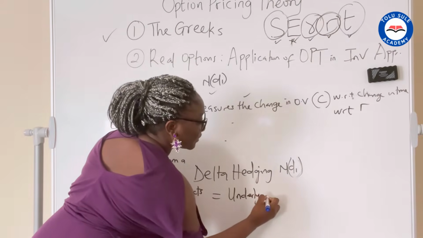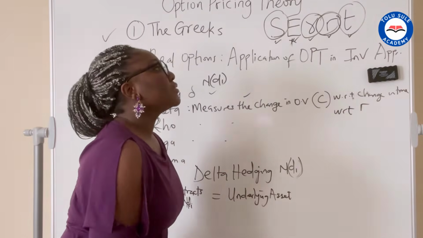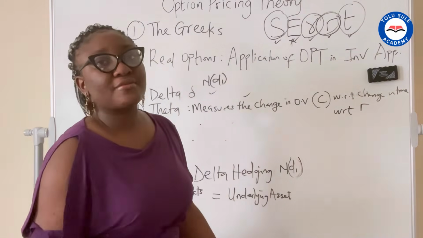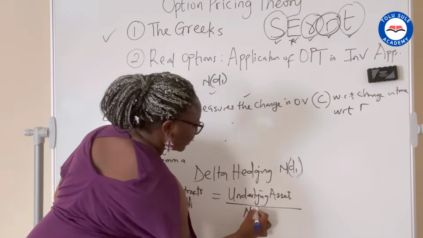That's the value of that underlying asset, the quantity, maybe 10 plots of land, or maybe 100,000 shares, like in that question, or maybe 50 barrels of crude oil, all over ND1.